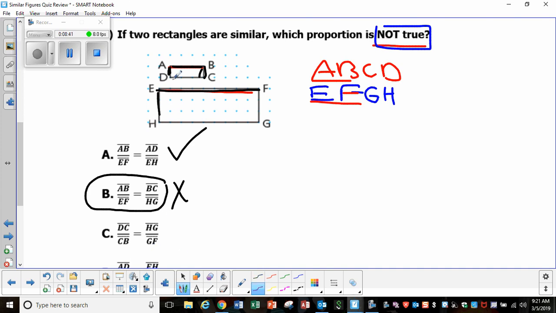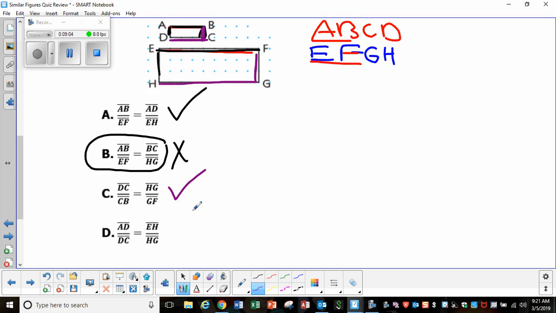All right, side DC, which is the bottom, is going to correspond with CB. So this time we're doing DC and CB. So bottom and right side is saying, does that correspond with HG, which is the bottom, and the right side GF of this rectangle? Yes. So we've got bottom and right side, so that is true. Another way of setting up your proportion.